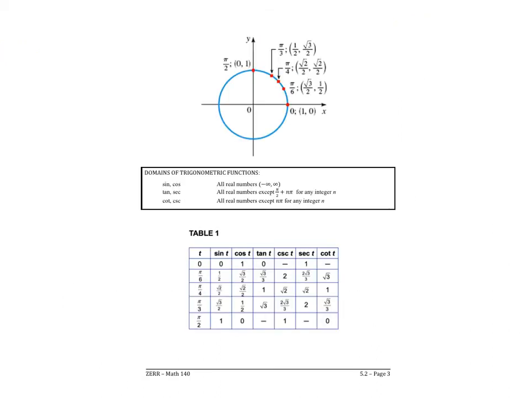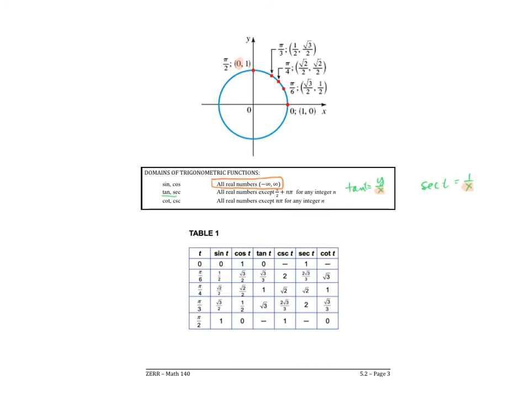So this is negative square root of 3. I just want to point out one more thing here on our domain. The domain for sine and cosine has no restrictions at all, but for tangent and secant, because tangent is y over x and secant is 1 over x, we have problem areas when x is 0, which happens right here at pi over 2.